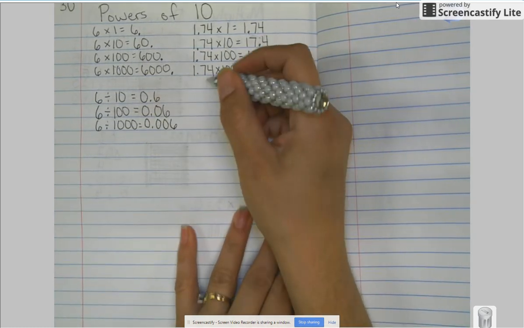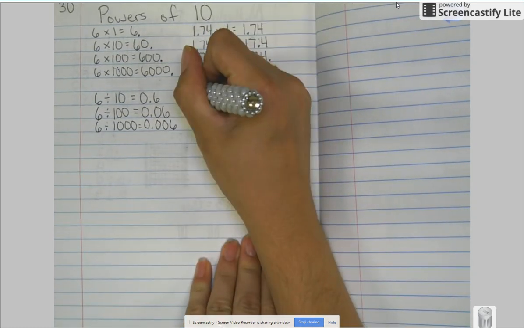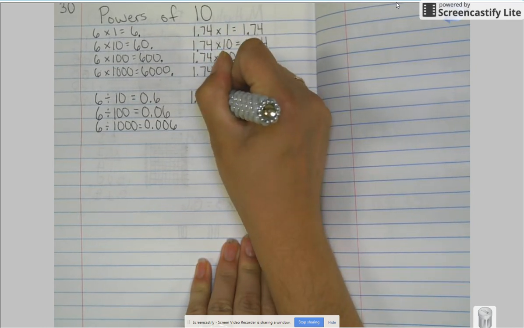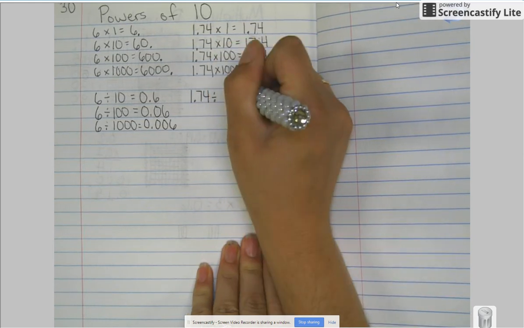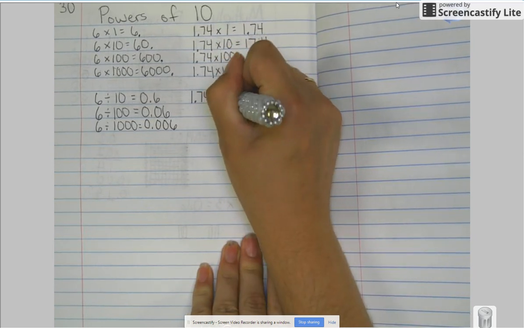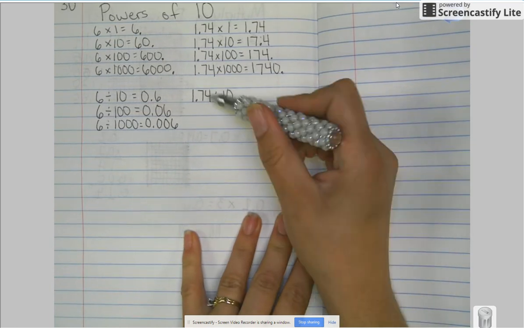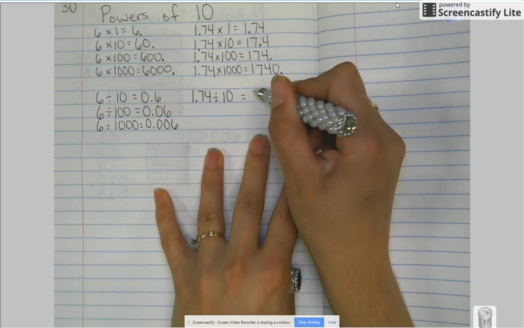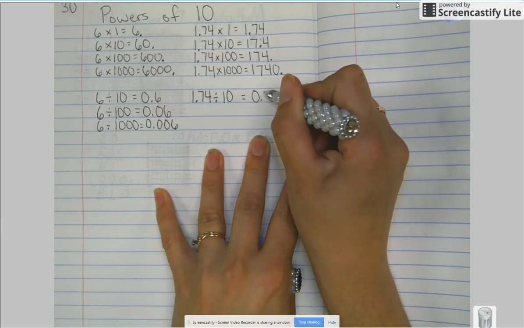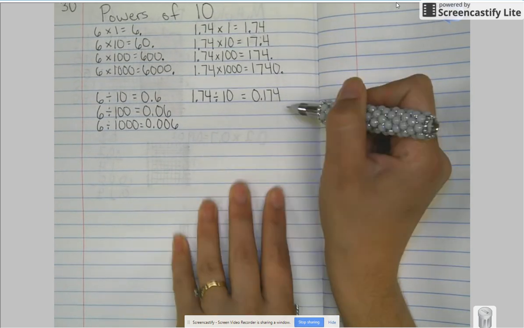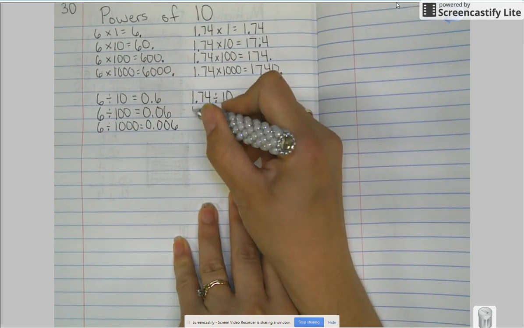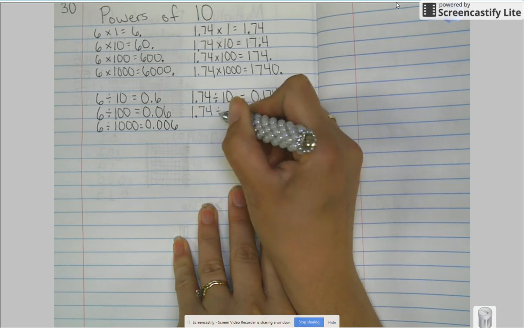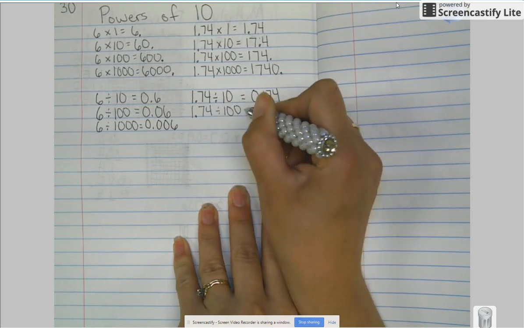So if that's the case, what would happen with our example of 1.74? So let's do 1.74, only this time we're going to divide by 10. Shift our decimal back 1, make it a smaller number, be 0.174. If we do that with divide by 100, we need to move the place value back 2 times now.